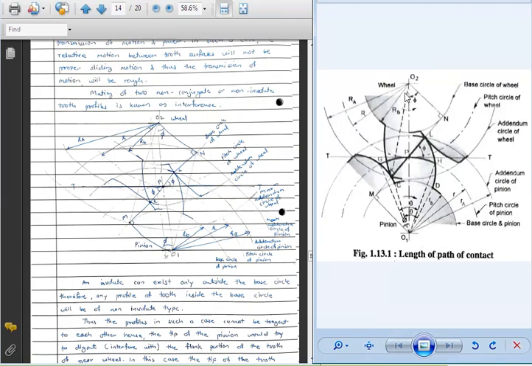Right now this radius is O to K, isn't it, or this radius is RA.